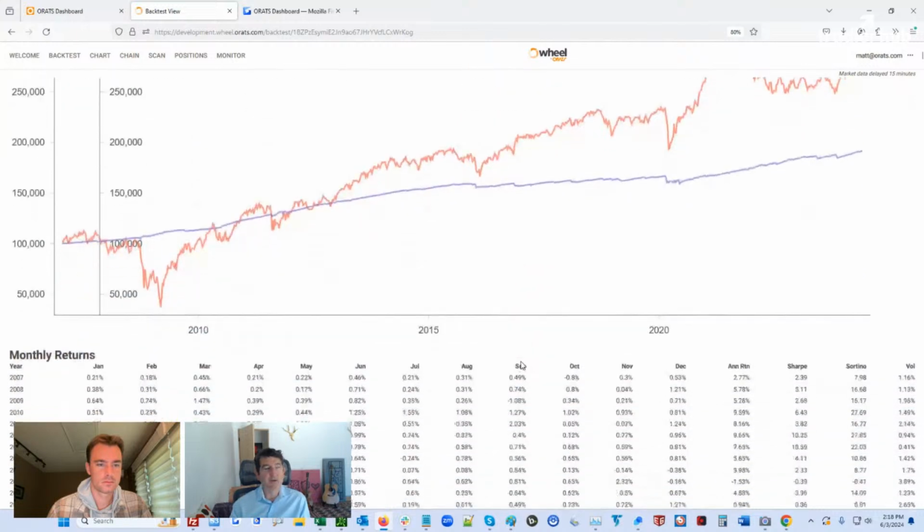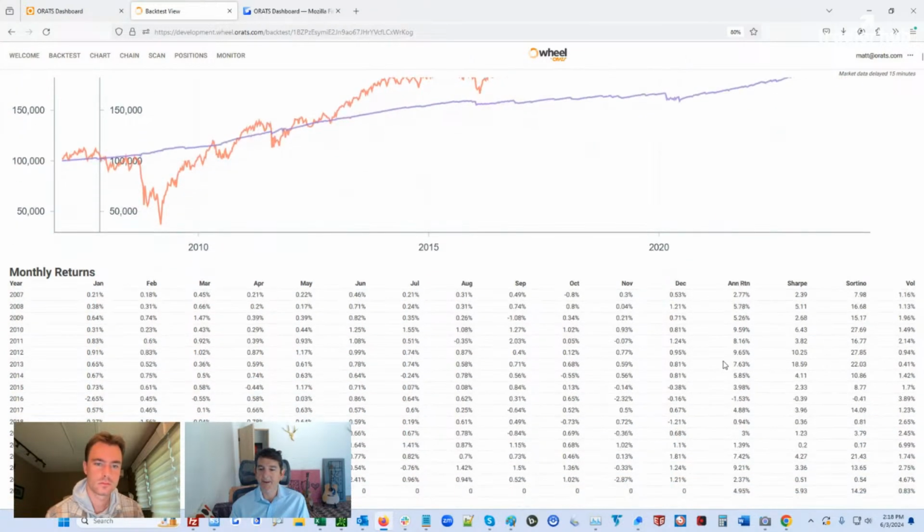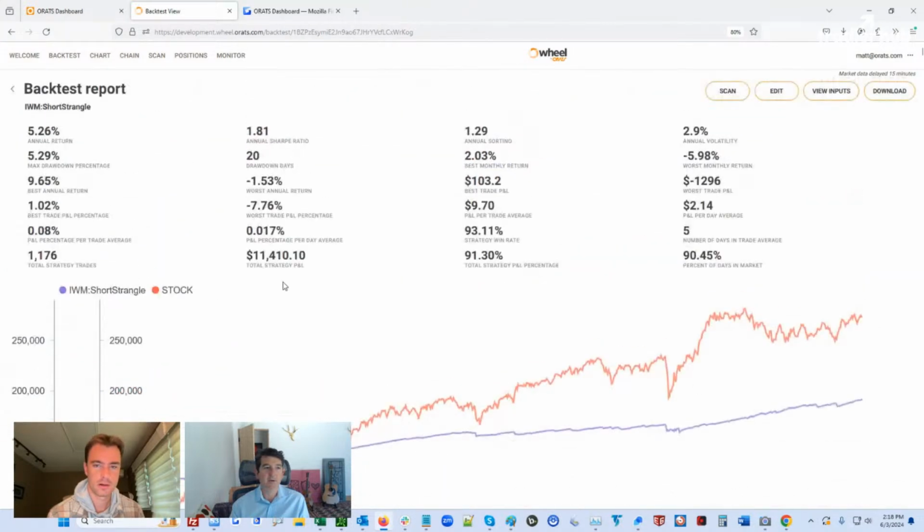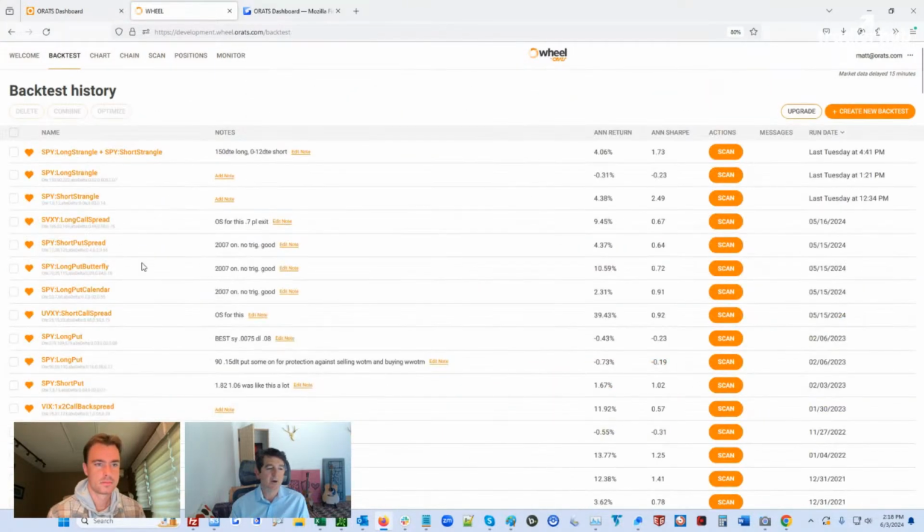One, some places won't let you just naked sell a strangle, and this allows you to use margin a lot better. And then also, on the times when this does poorly, the long strangle will do better.